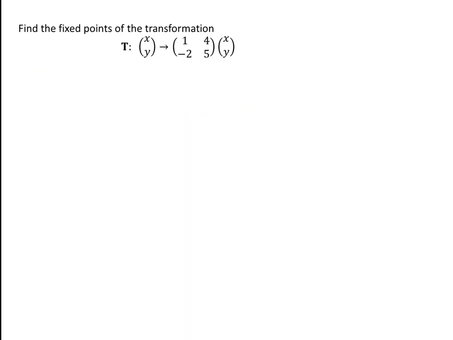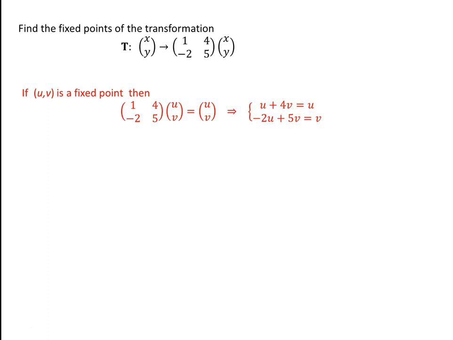Now for a second example, let's try and find the fixed points of the transformation (x, y) goes to (1, 4; -2, 5) times (x, y). So if (u, v) is a fixed point, then we've got (1, 4; -2, 5) times (u, v) must equal (u, v).